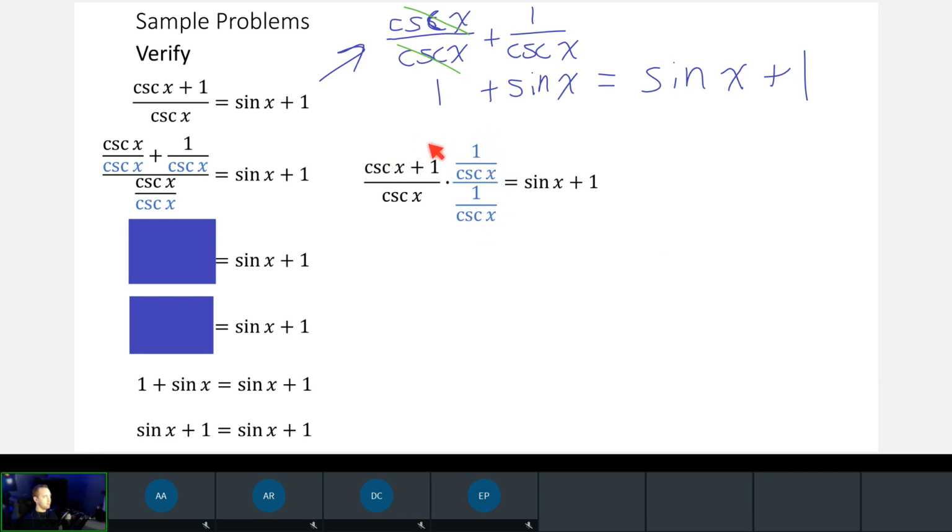So cosecant of x times this fraction, 1 times this fraction. That's why I have it over here. And then I did cosecant of x times this fraction to get it here. So that's how I went from here to here. And I really think one of your modules, either Learn or Practice, has this example, and they skipped a lot of steps that made no sense. So that's why I'm probably going over it.